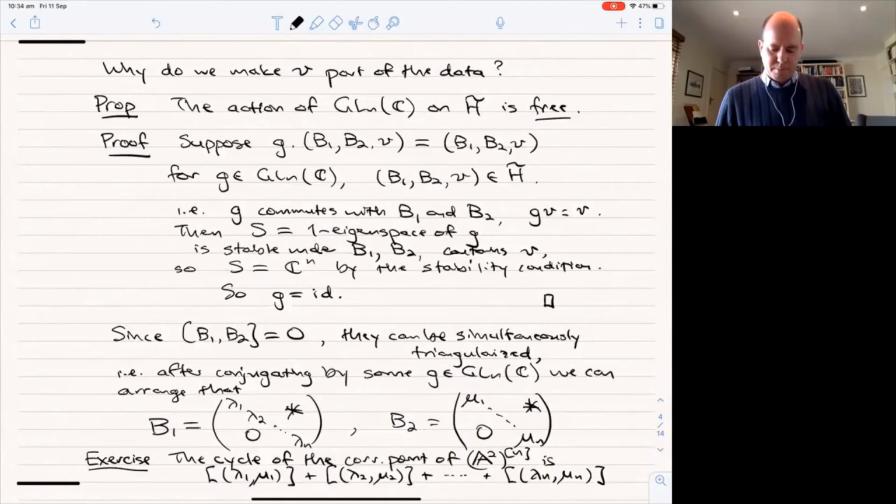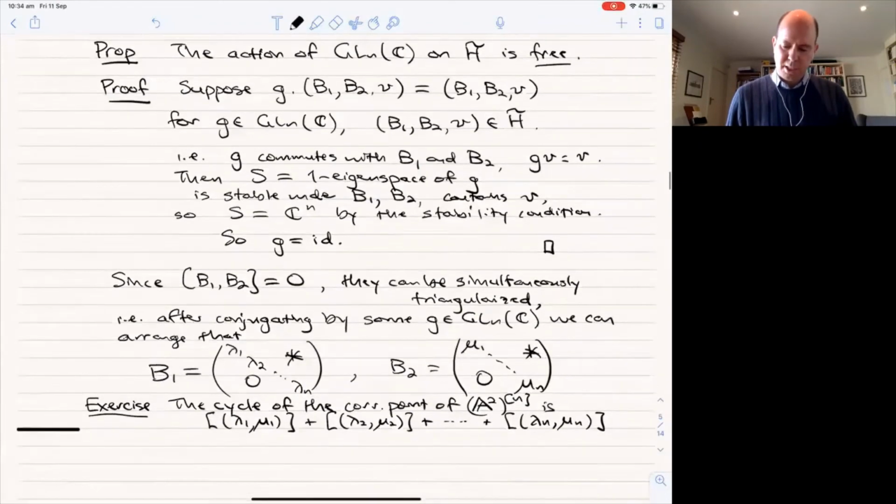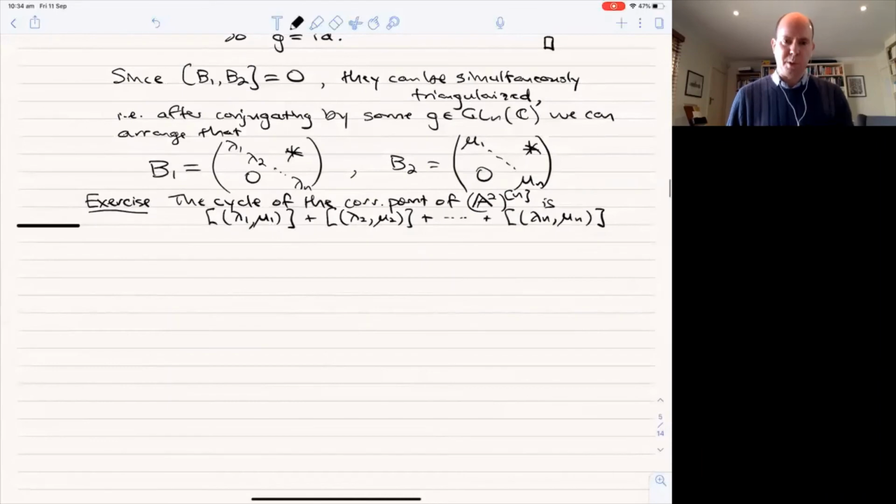Okay, what's the best thing to say next? Just continuing on to address Boris's question about the n equals 2 case.